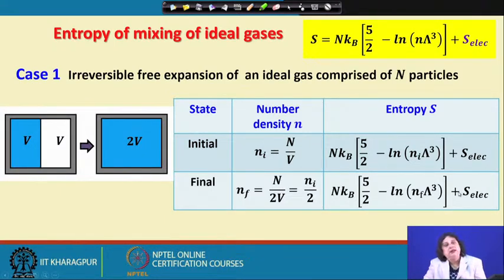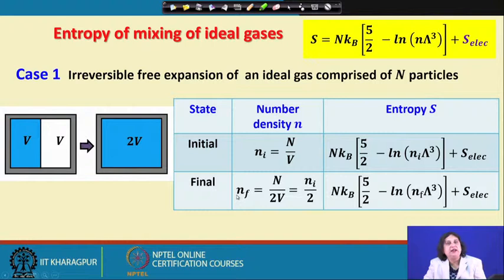Now, what is the entropy of the system in the final equilibrium state? For that I will have to know the final number density of the gas. Here I now have capital N particles occupying a volume of 2V.